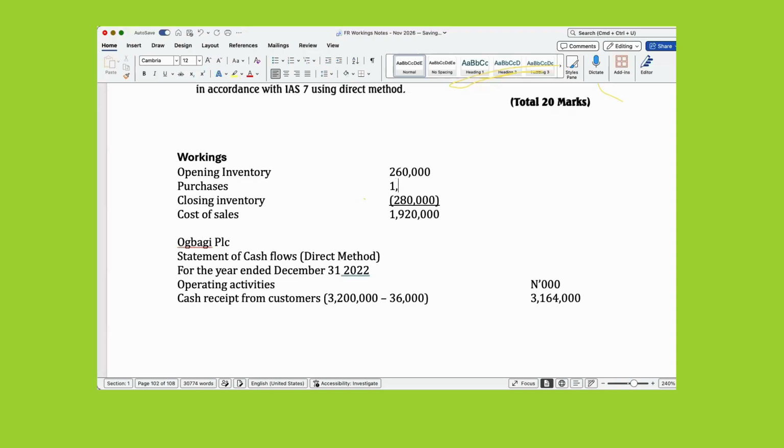It should actually be 1,940. Because if this is X, 260 plus X minus 280 equals this. So that will become X minus 20 equals 1,920. Take it to the other side, becomes positive. So you need to be able to get this as the balancing figure, which is 1940.